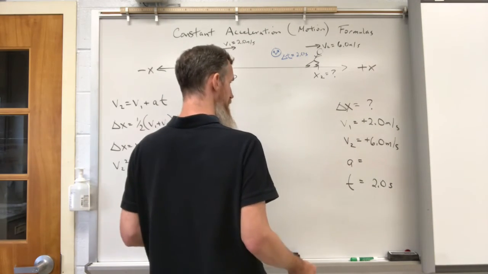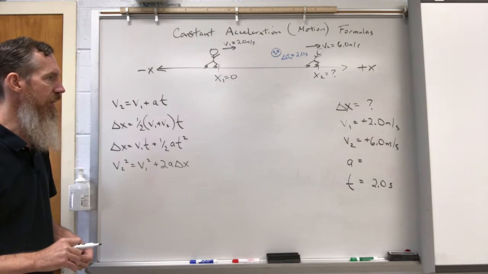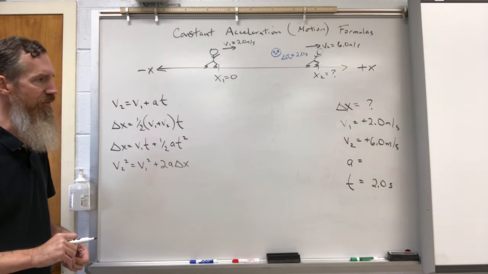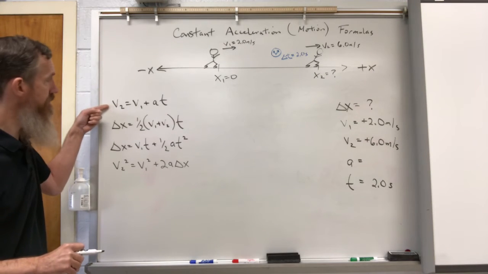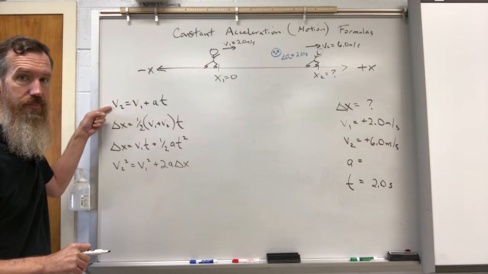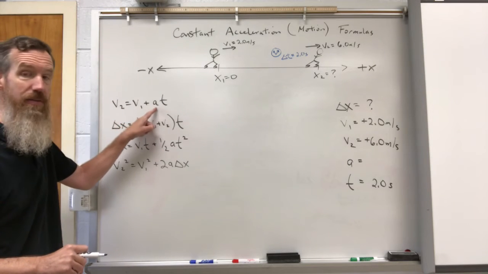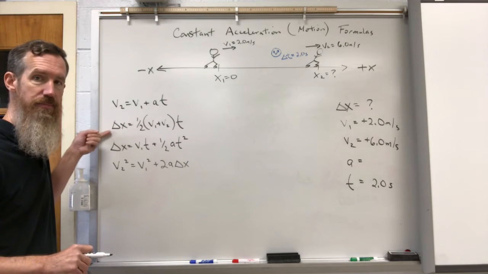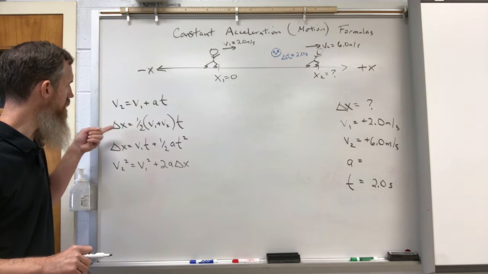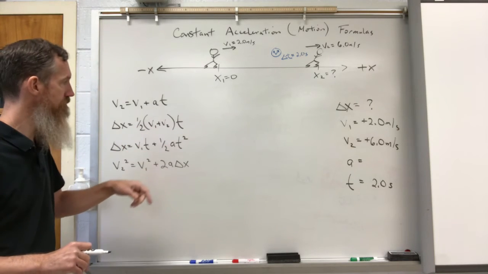So in this particular case, I want displacement, I have velocities, and I have time. So if I look here, I have velocities, I have time, but they're not looking for displacement. I could find acceleration though, but that's not what I'm looking for. This formula, I'm looking for displacement. I have velocities. I have time. Perfect.